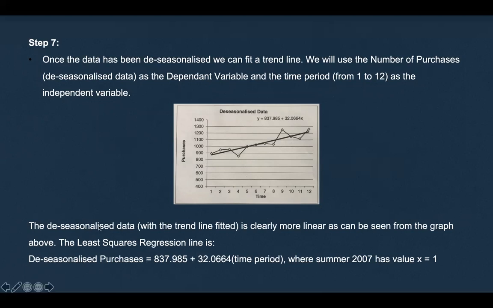The deseasonalized data is clearly more linear, as we can see from this graph. Then we calculate our least squares regression line in the normal way. This is our least squares regression equation down here, where summer 2007 has an x value equal to 1.